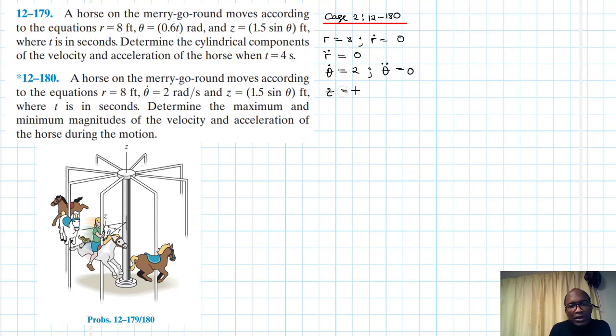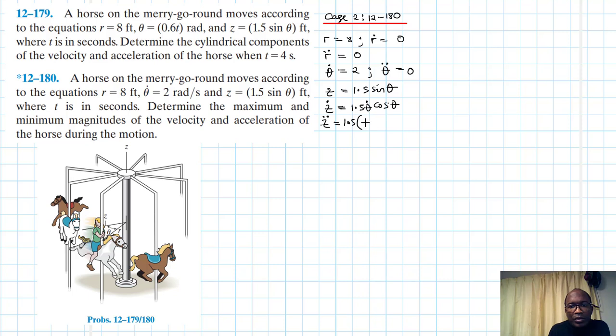We have z equal to 1.5 sine theta, therefore z dot, the derivative with respect to time, is just equal to 1.5 theta dot cos theta.